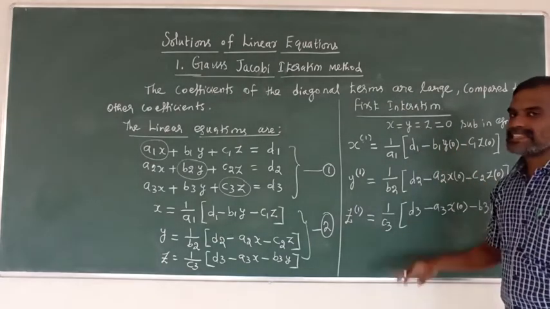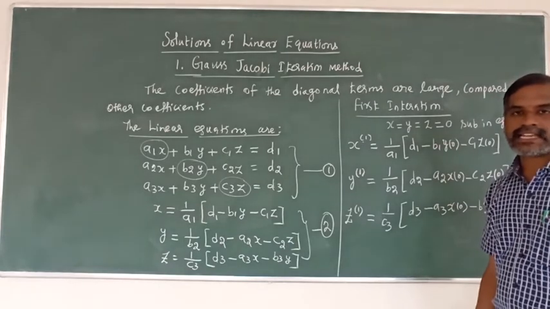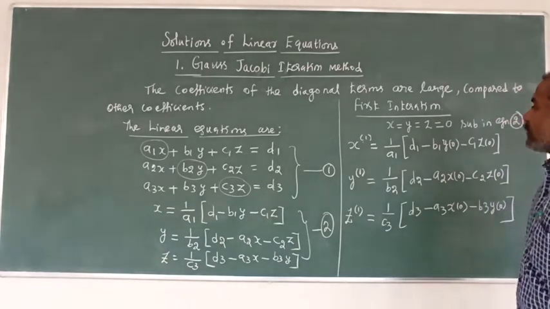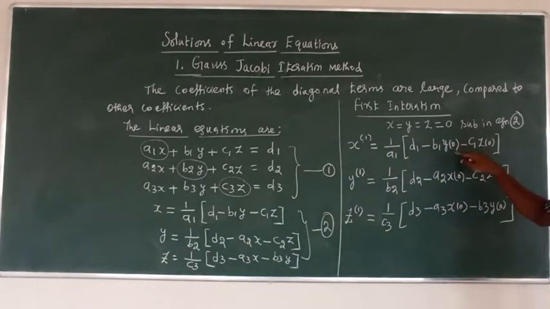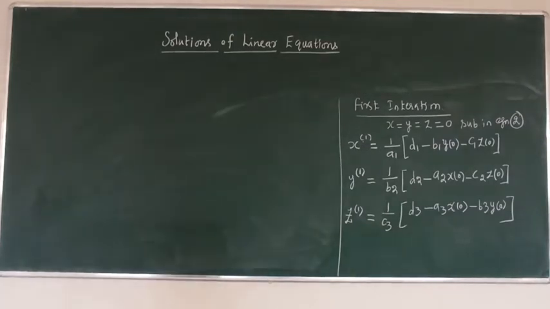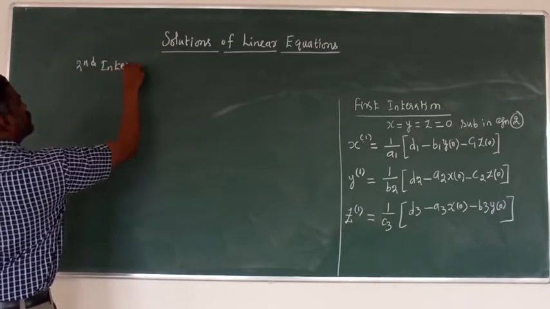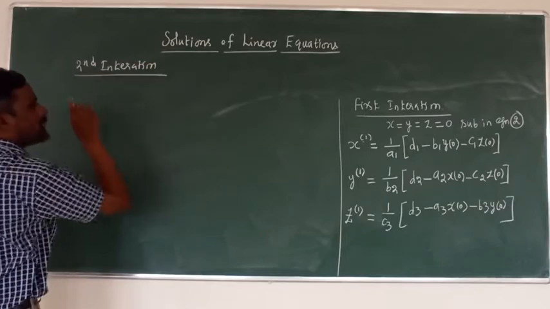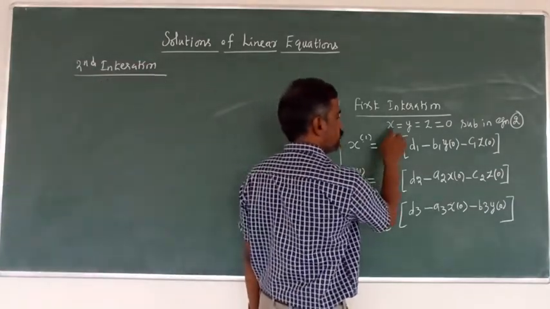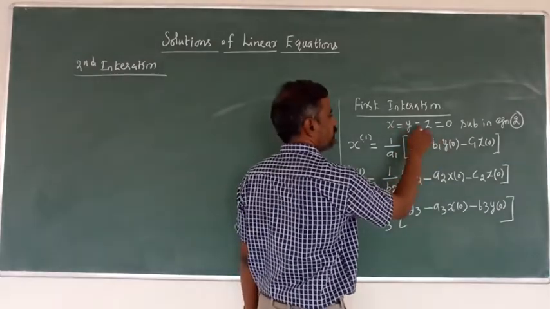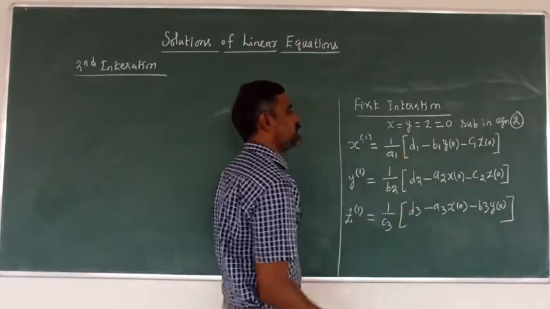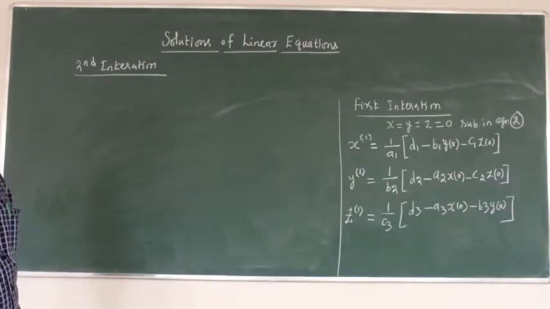Next, to find out the second iteration result, we have to substitute the first iteration values here. We substitute the x1 value, y1 value, z1 value in the second iteration.